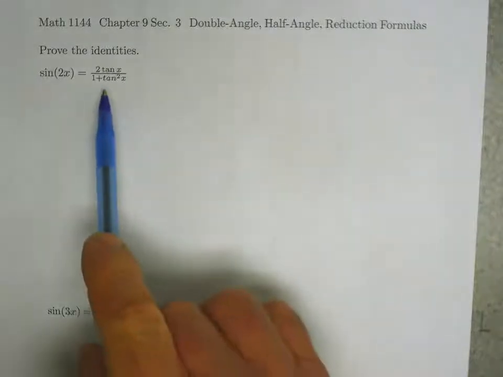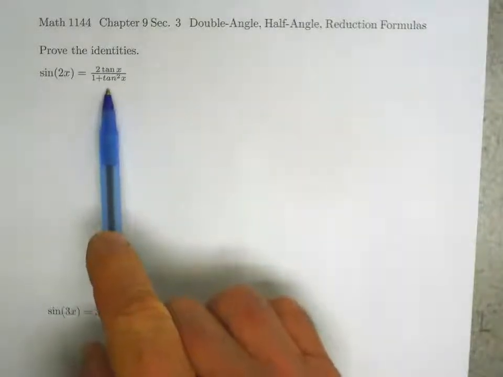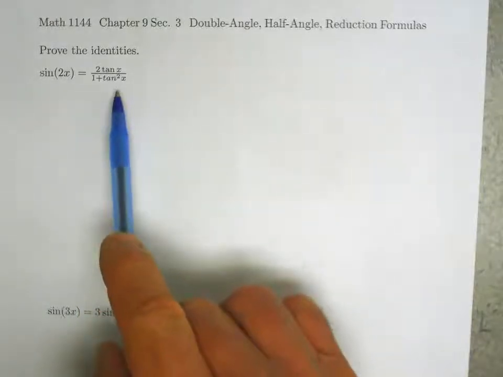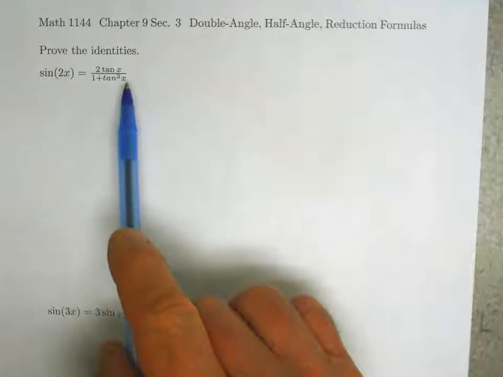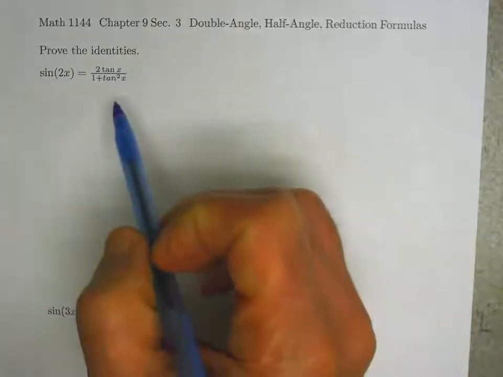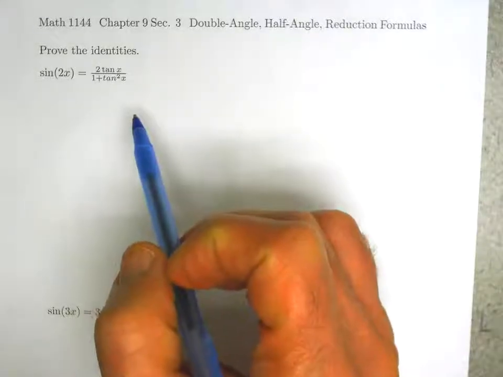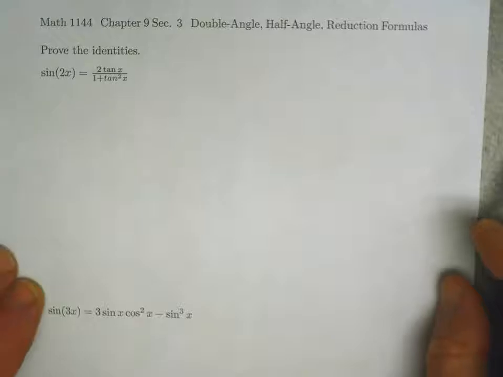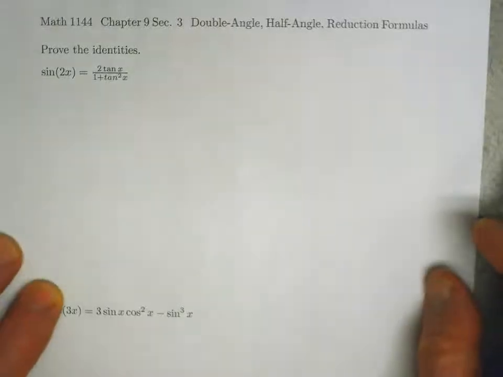So we might want to consider doing that in this case. The right-hand side looks to be more complicated than the left-hand side. So if we begin with the right-hand side and try to get it into the form sine of 2x, then that would be a valid approach.